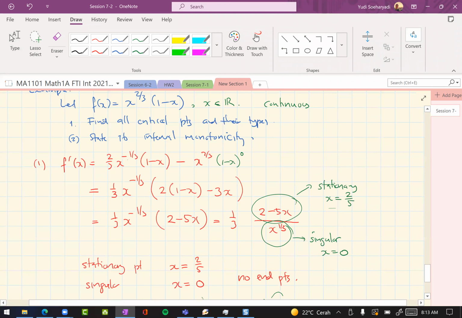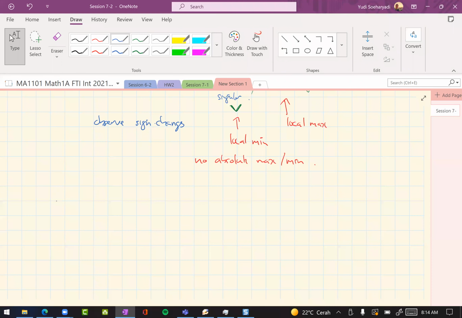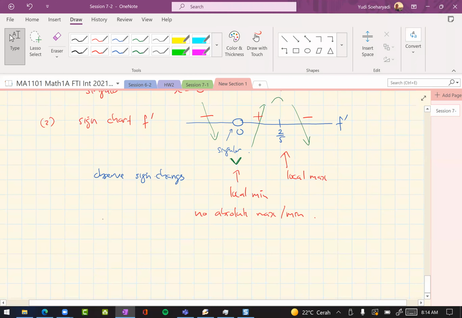Okay, let's do one more example. Oh, I'm sorry, I have to state the monotonically increasing on, let's see.